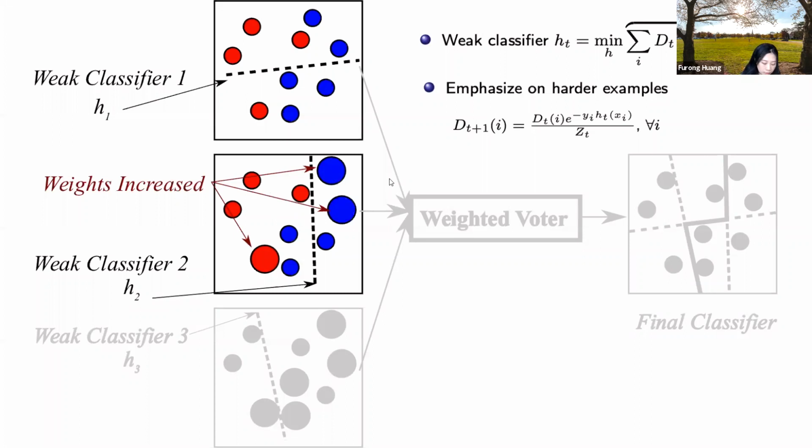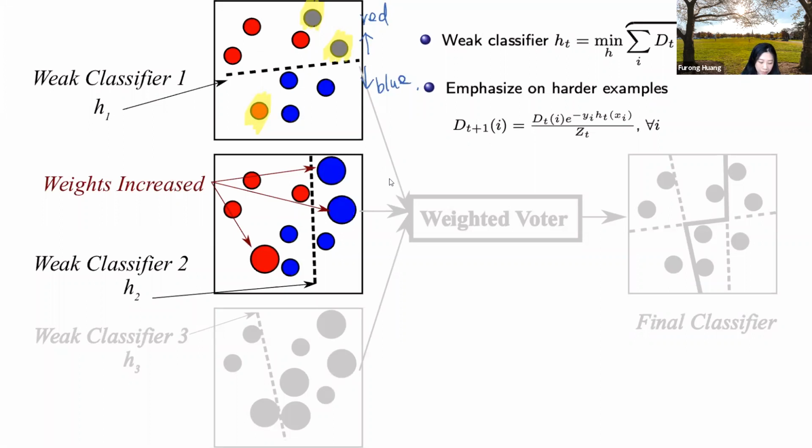For instance, you've made an error on this one, this one, as well as this one, because you've decided to classify here as red and here as blue. As long as you're above this line, you're going to classify all the dots as red, and below this line, you're going to classify everything as blue. This is what your H1 is doing.